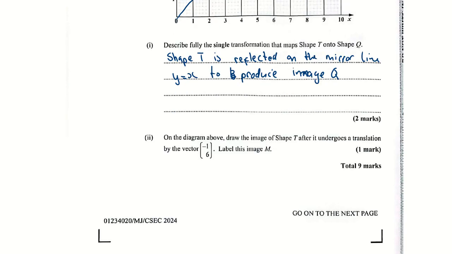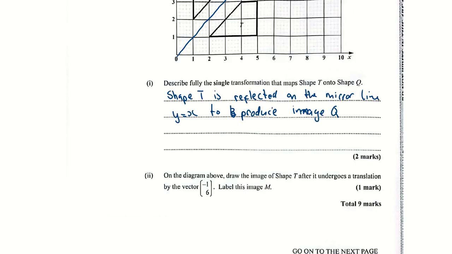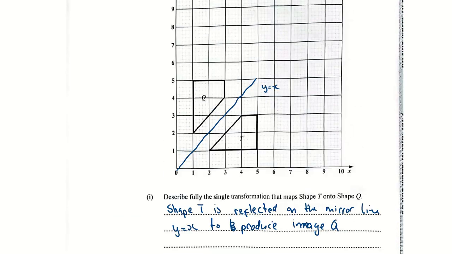Right, let's look at this. On the diagram above, draw the image of T after it undergoes a translation by the vector (-1, 6). Remember, if they give you the translation like this, the one on top is your displacement along the x-axis, and the one at the bottom is displacement along the y-axis.